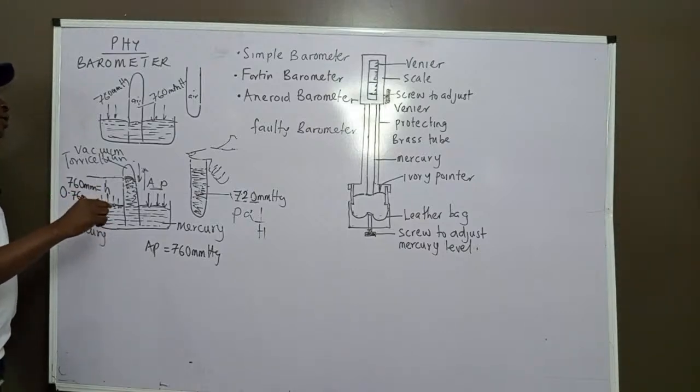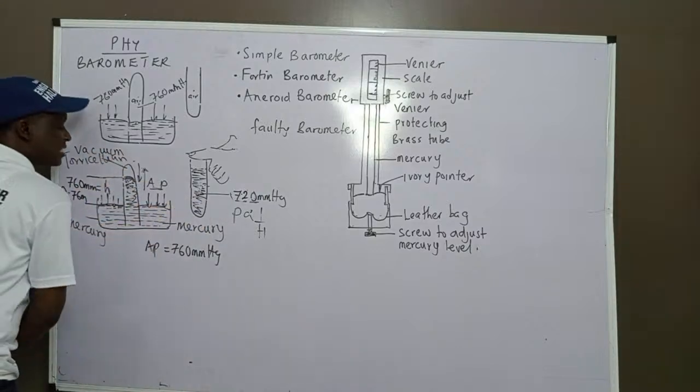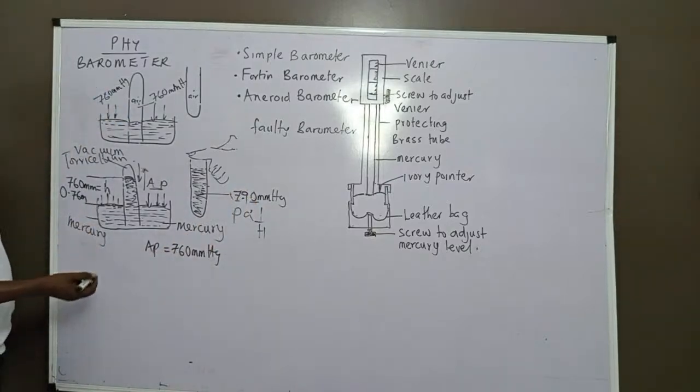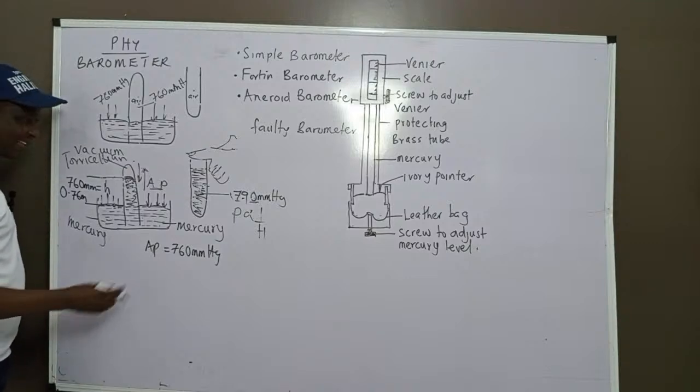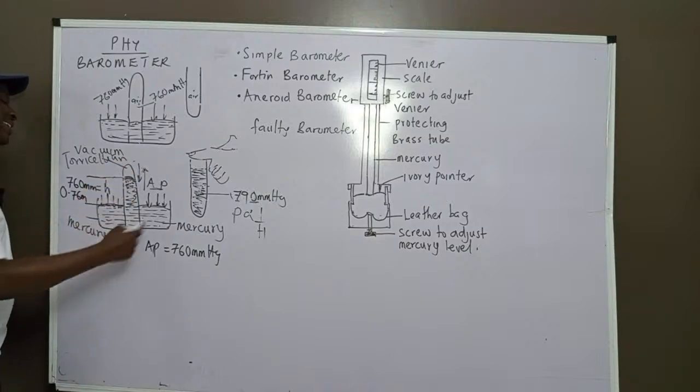If this one is 780 or 790, the pressure is higher than atmospheric pressure. So there will be an imbalance between the mercury in the dish, in the tube, and the atmospheric pressure.